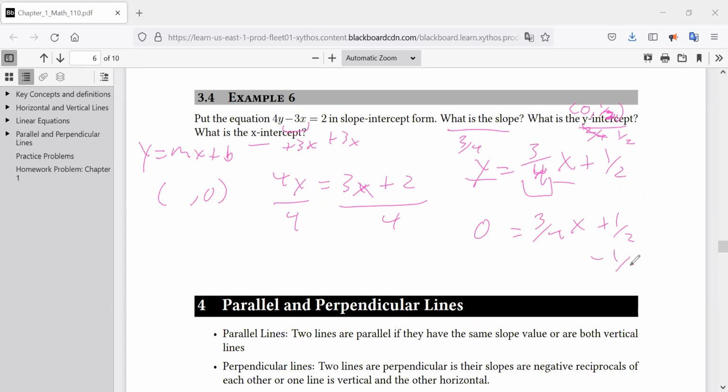Let's move this guy to the other side. And we get -1/2 is equal to 3 over 4 x. And now let's multiply both sides by 4 over 3 to cancel this. So this cancels with this, and we're left with 2 here. So we get -2/3.